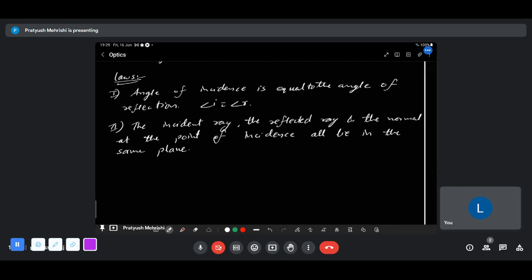Okay. Now, this plane on which all these three things are lying. What three things I'm speaking about here? These three things are incident ray, reflected ray, and the normal at the point of incidence.